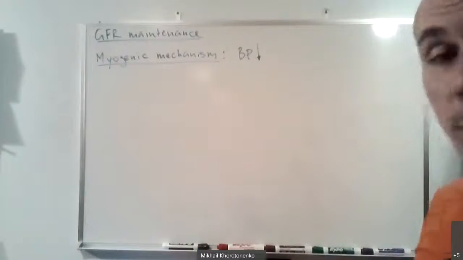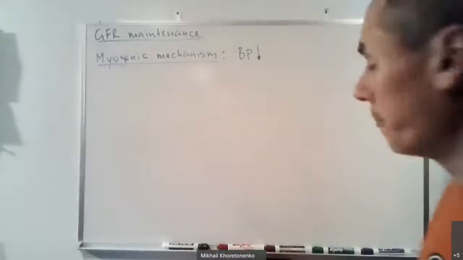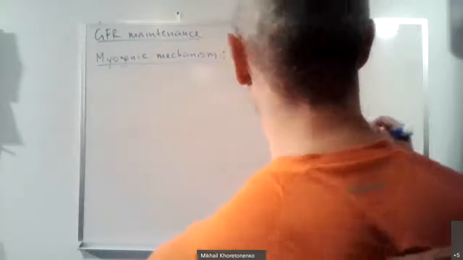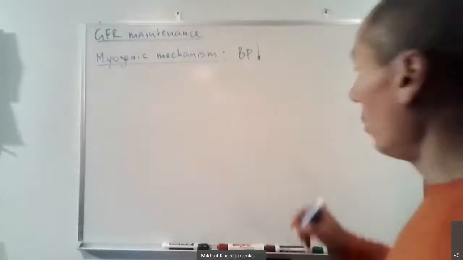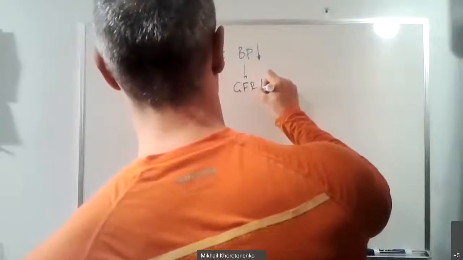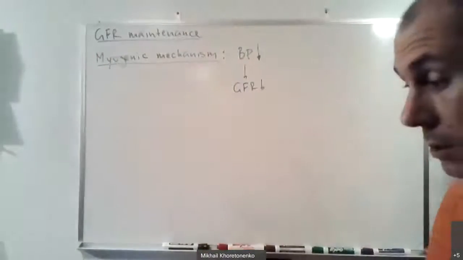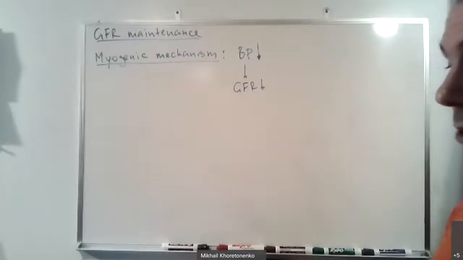So blood pressure goes down, not by much, maybe 10 millimeters of mercury. So when blood pressure goes down, it also decreases your GFR. Does that make sense? We mentioned that.